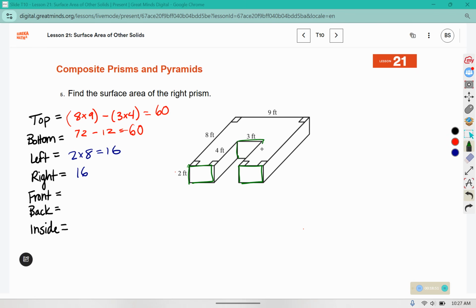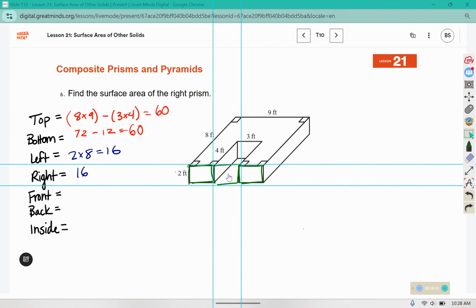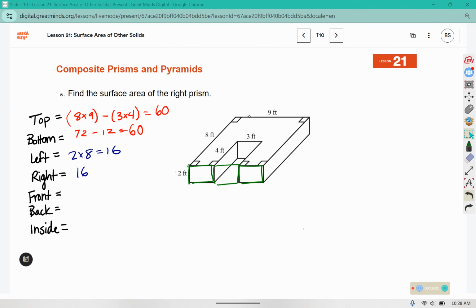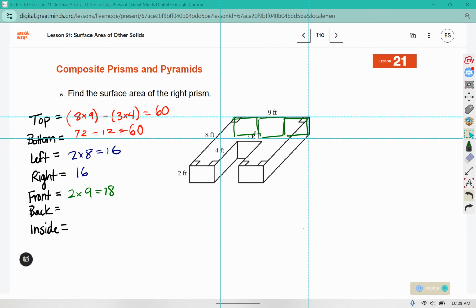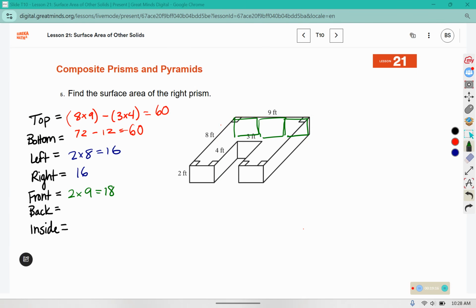And if I scoot this part up from the front, I have a full rectangle that is 2 tall and 9 across, which is 18. And then the back is the same size. It's 9 by 2 as well.